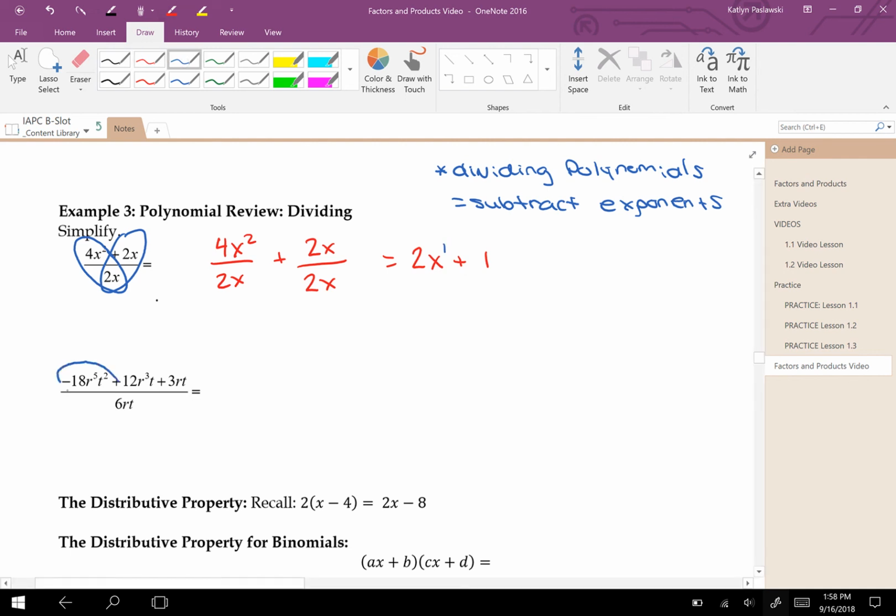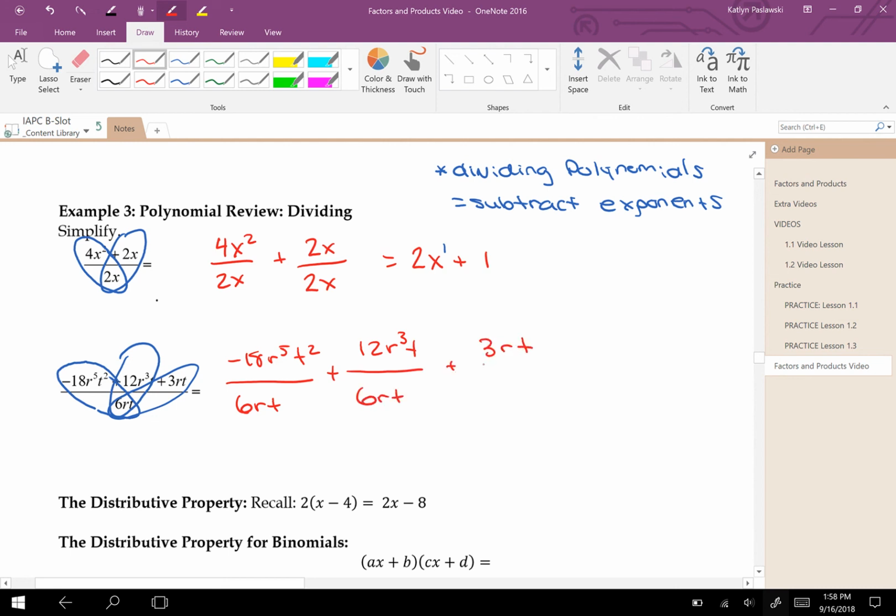Now the same process, just with 3 terms. I'm going to rewrite them out. So we have negative 18r to the 5 t squared divided by 6rt plus 12r cubed t divided by 6rt plus 3rt divided by 6rt.